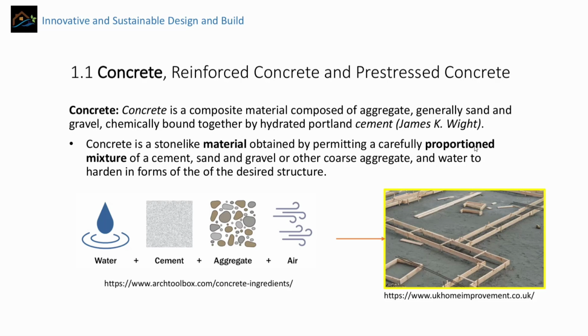Another definition for concrete is that it is like a stone, and it is obtained by permitting a carefully proportioned mixture of cement, sand, and gravel, or other coarse aggregate, and water to harden in the form of the desired structure.